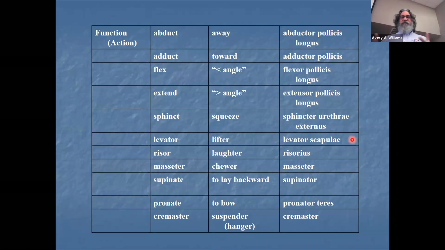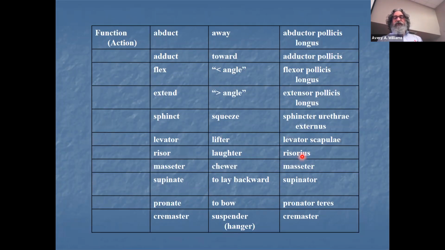Basically, your crotch muscles around your anus that contract your anus, and the pelvic, the urogenital diaphragm. So anyway, lifter, lifts, elevates. That's an action, right? So levator, scapulae, location, action.